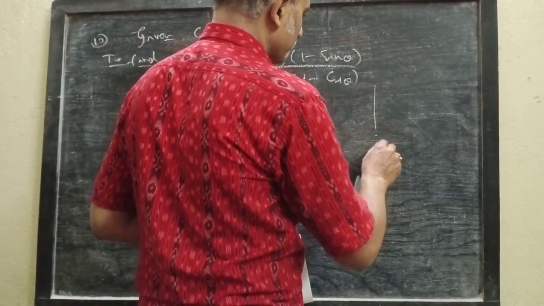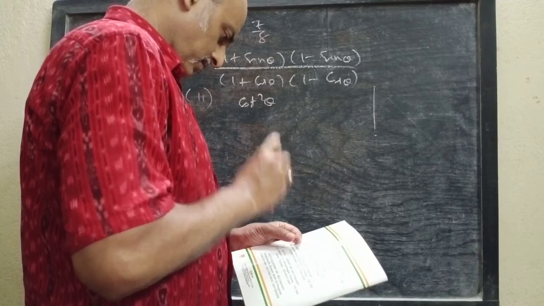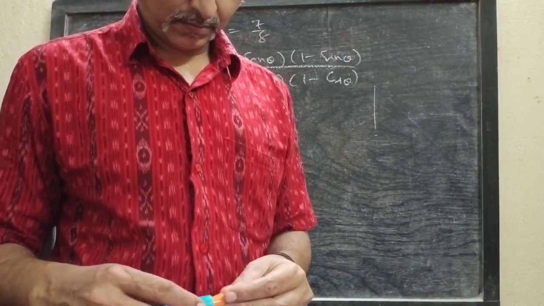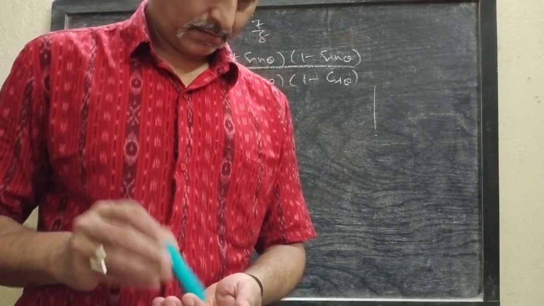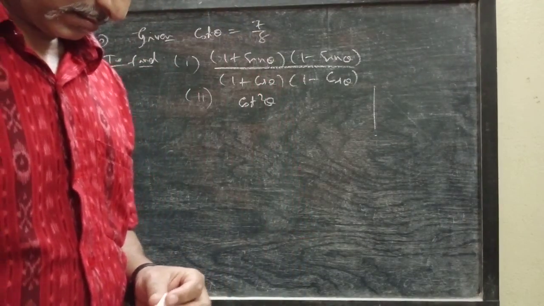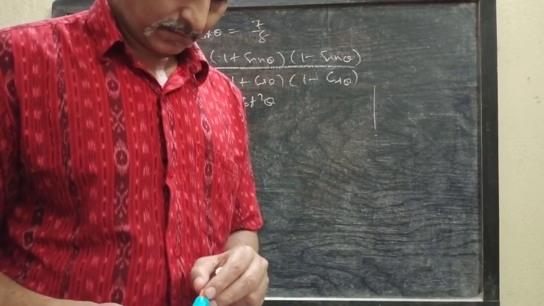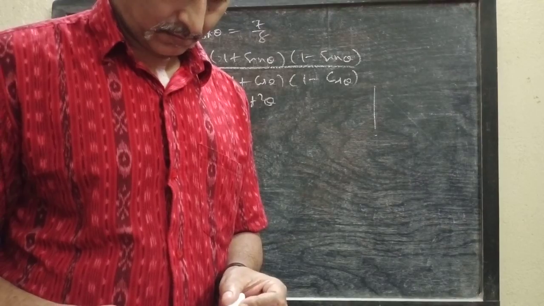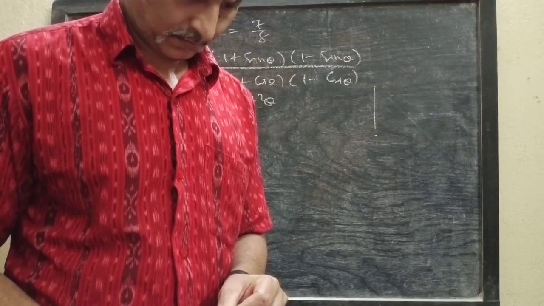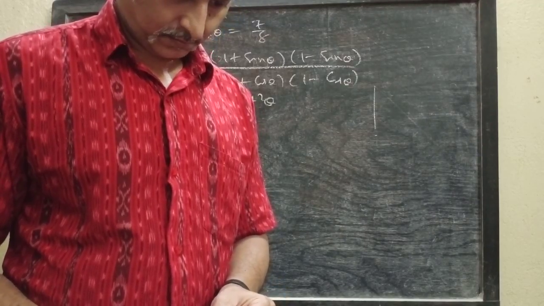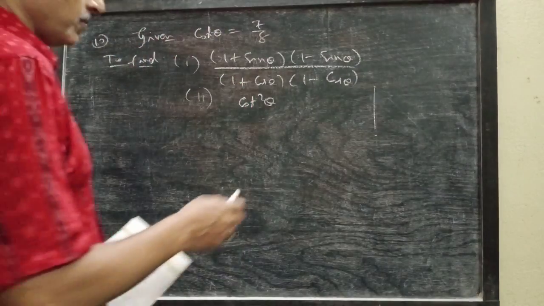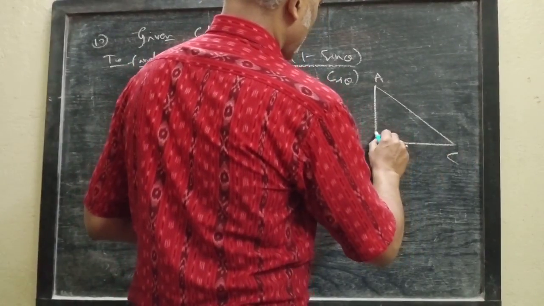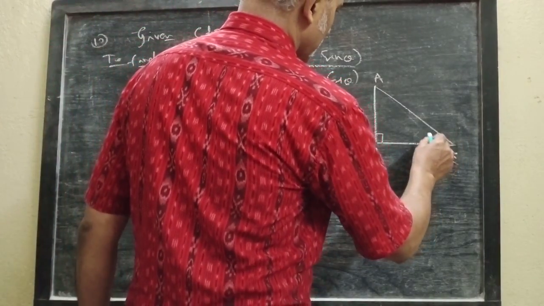First, draw a right triangle. Right angle at B. Let angle ACB is theta.